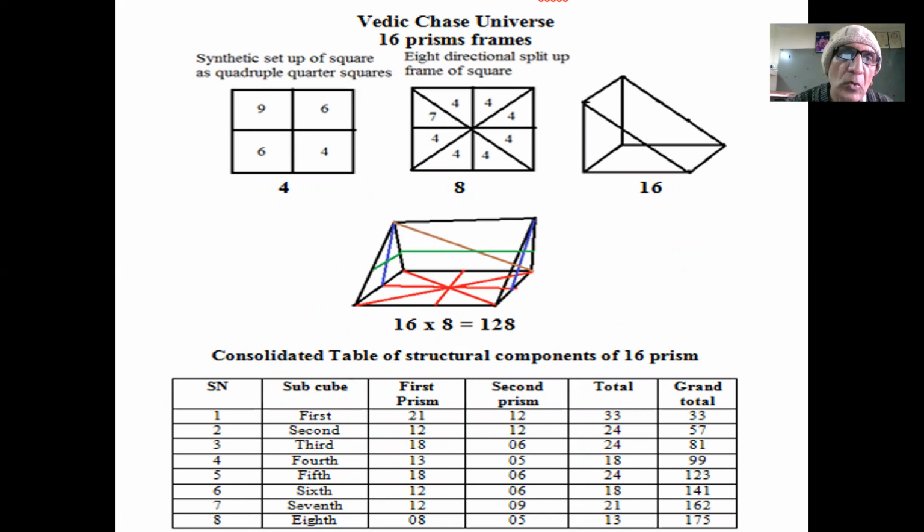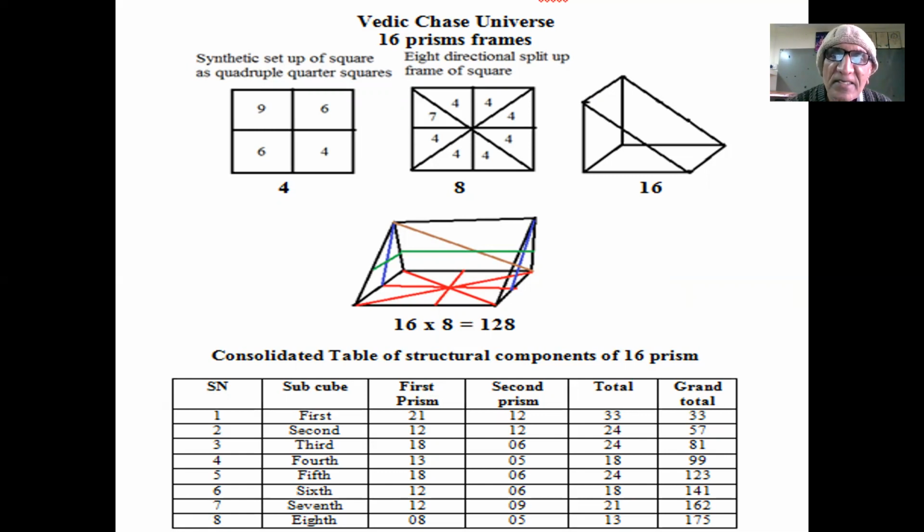We know that Chatuspeeth is availing synthetic setup of square of quadruple quarter squares of contribution of 9664, total 25 structural components.